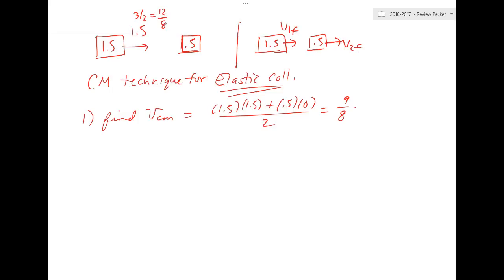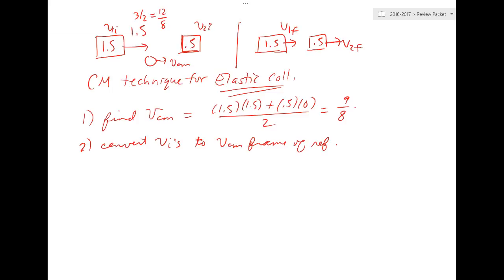Okay, so the second thing is you need to convert the V initials to what we call the center of mass frame of reference. So if you imagine that there was an object here moving with the speed of the center of mass, what would V1 initial be as seen from the center of mass?